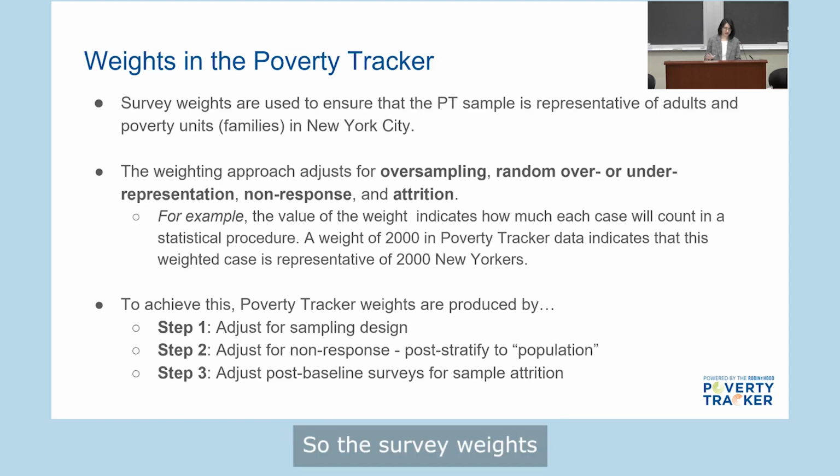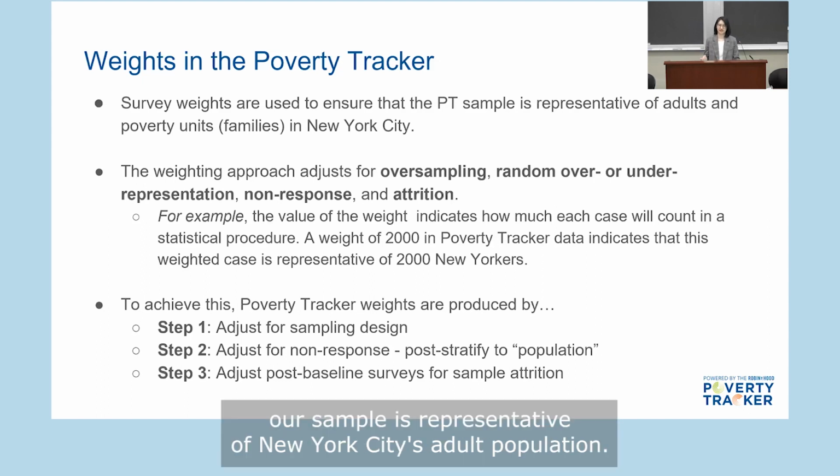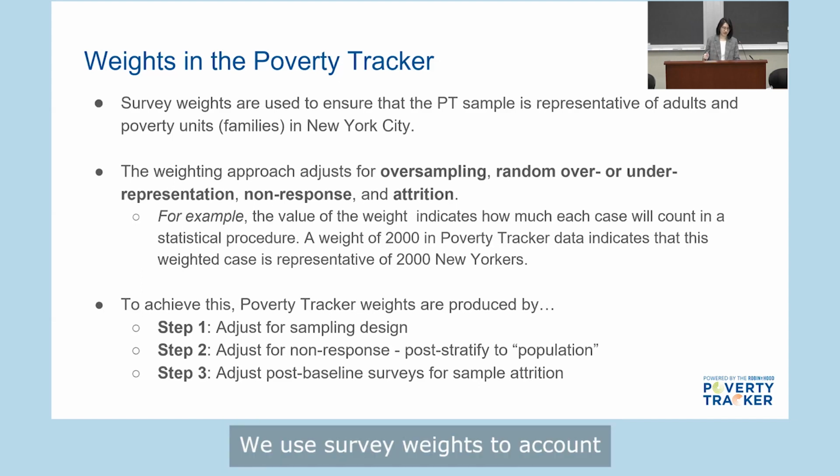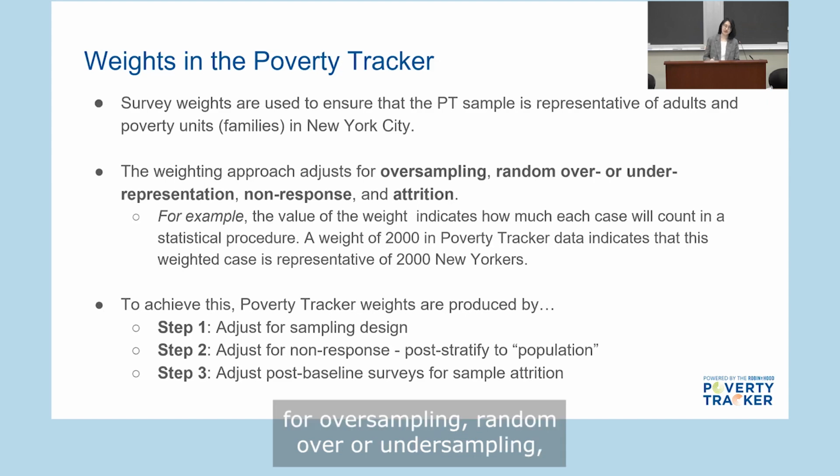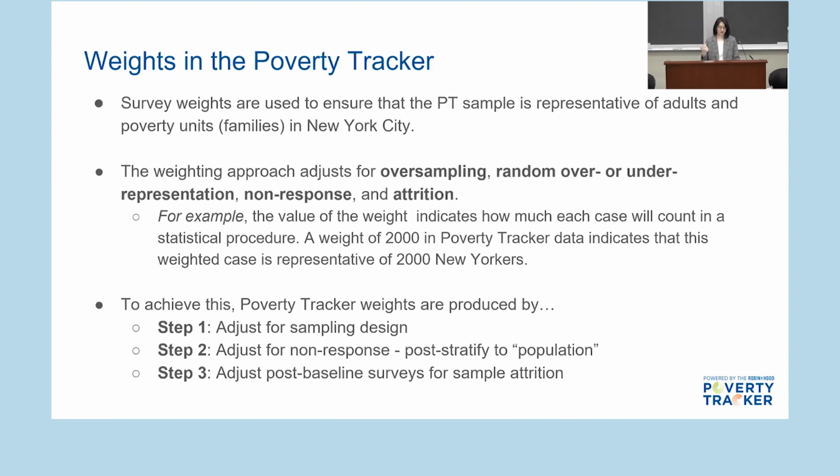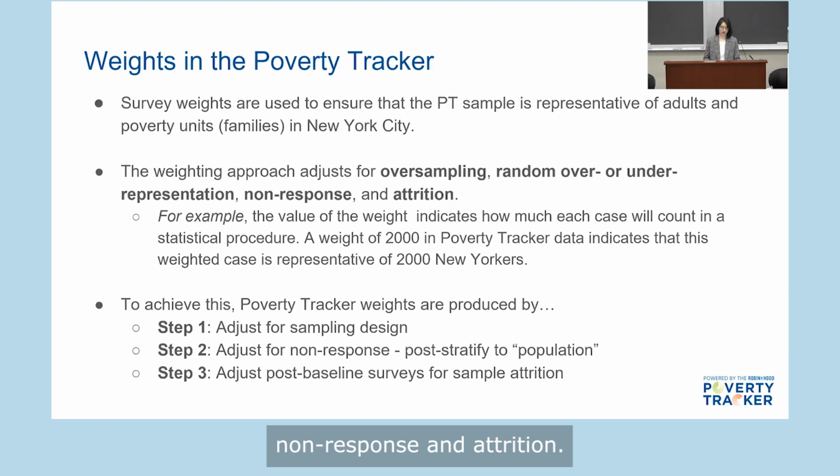The survey weights are used to make sure, as I mentioned, our sample is representative of New York City's adult population. And we use survey weights to account for oversampling, random over or undersampling, non-response, and attrition.